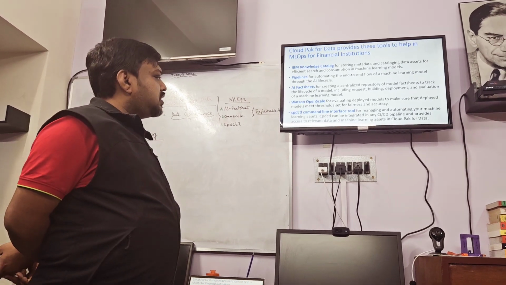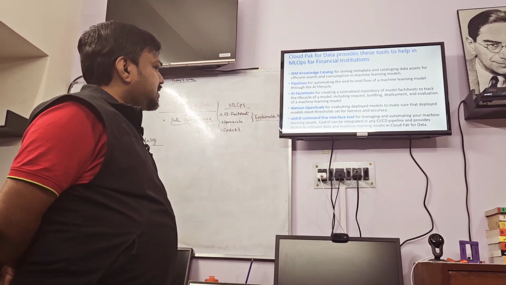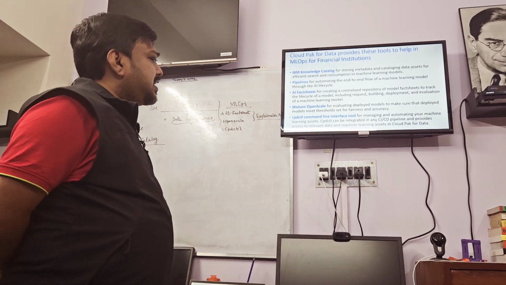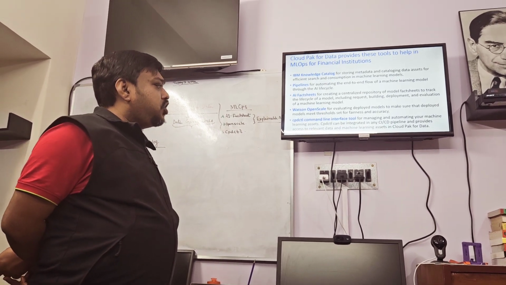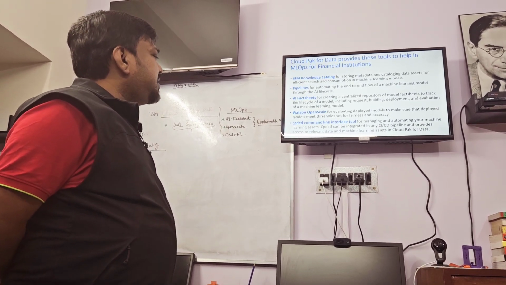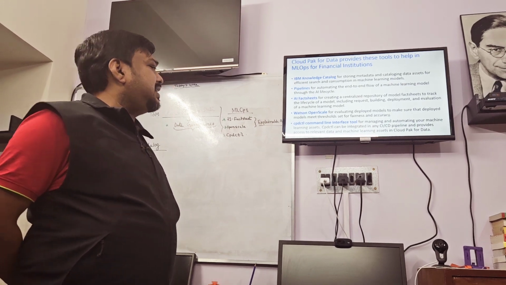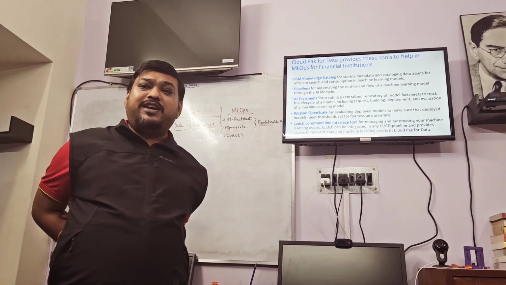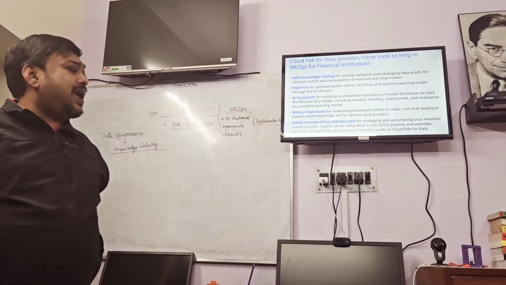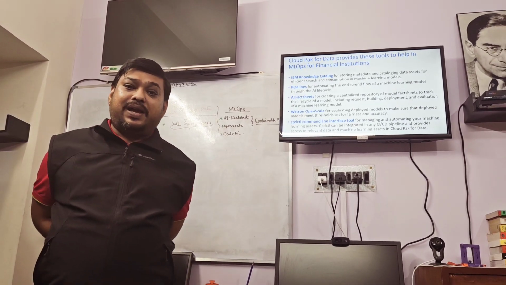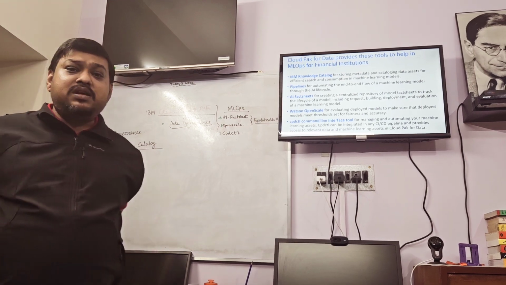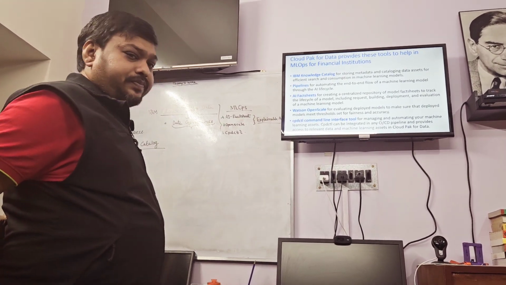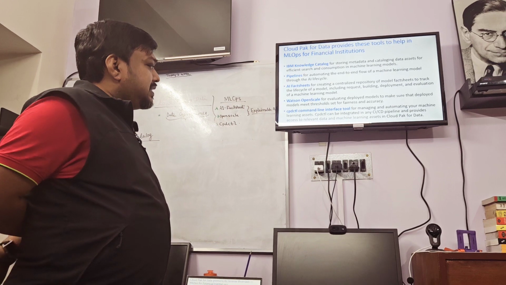Then comes Watson OpenScale. Watson OpenScale is used for evaluating the deployed model to make sure that deployed models meet the threshold set for fairness and accuracy. So it helps in understanding how fair your model is and how accurate your model is. That is taken care of by Watson OpenScale.